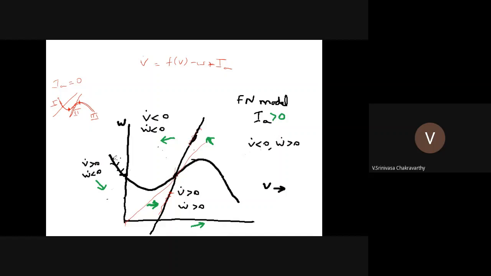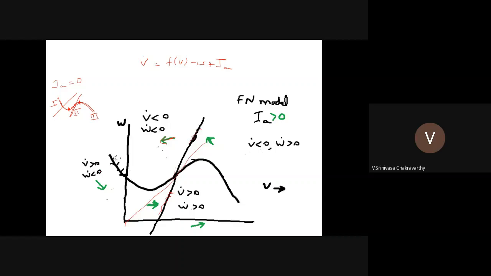Above the W nullcline, W dot is negative, and below the W nullcline, W dot is positive. So if you plot this in this part, V dot is negative, W dot is positive, so it goes upwards and leftwards. Here V dot is negative and W dot is also negative, so it goes leftwards and downwards.